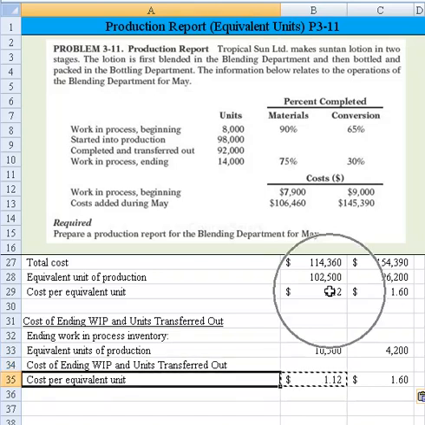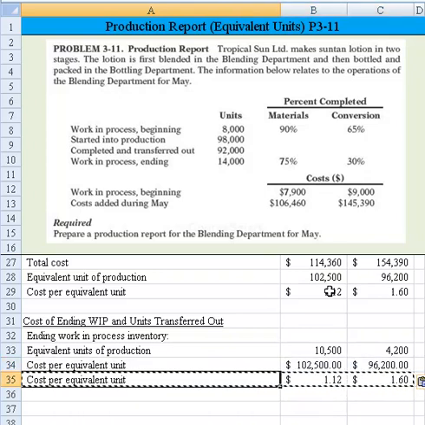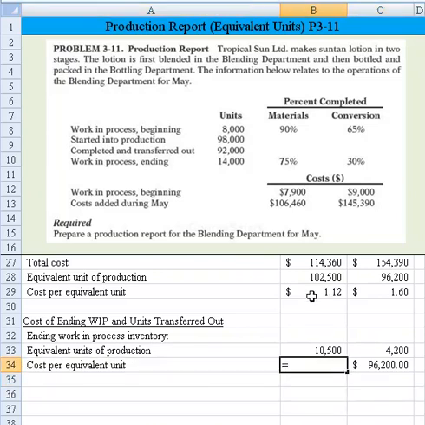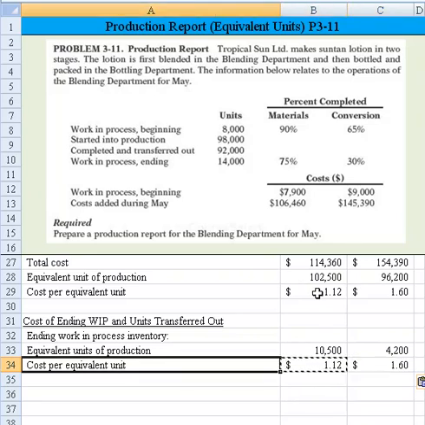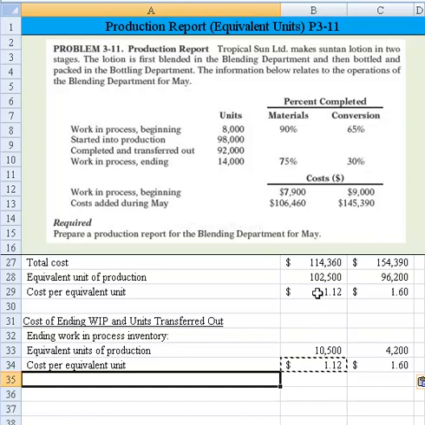Oh, I see what happened here, I just got a little bit of error. Take that there, take that there. So I've got 10,500. Now we've got $1.60 cost per equivalent unit.